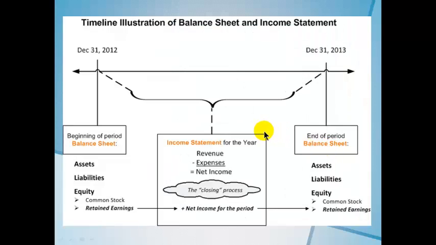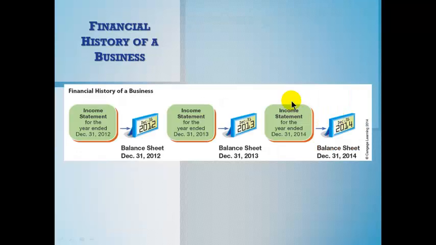Now I want to revisit a slide that was led off in this presentation, and you've seen this several times now, that shows the income statement for a period of time that is explaining the difference in your equity between the beginning of the period and the end of the period. Year over year, you will have a balance sheet that you snapshot at the end of each year.